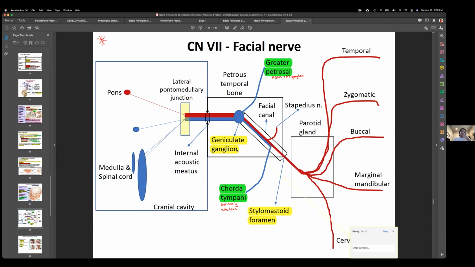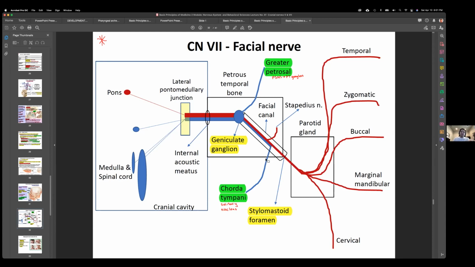Sometimes they say, for instance, I think it's the lingual. At some point, the chorda tympani and the lingual join together. So you have to watch how it's worded, because some join and go to the terminal endpoints, and some travel and then split and go to the terminal endpoints. For instance, if they ask what happens to the chorda tympani prior to it separating, then you know you're still in the facial canal, right?